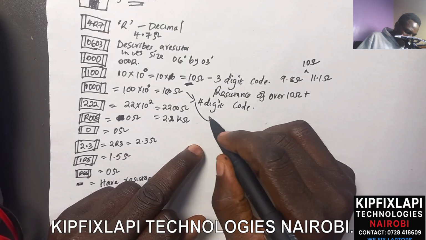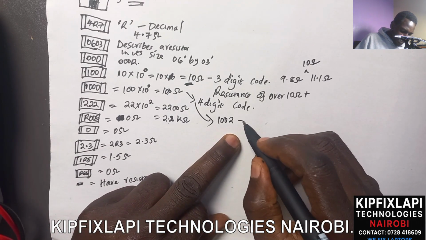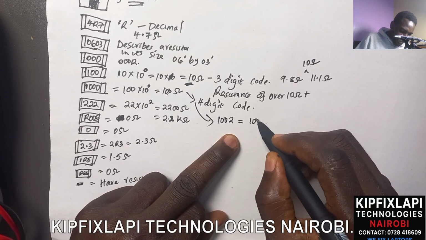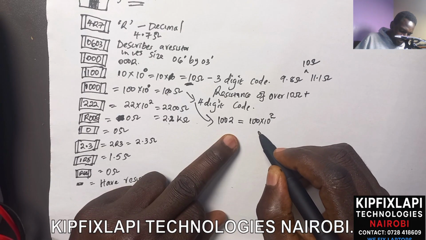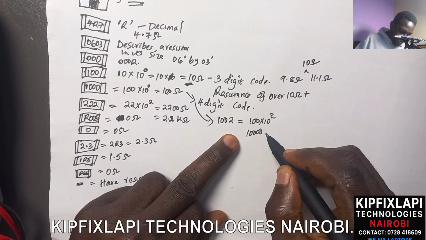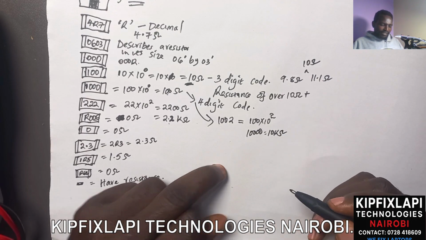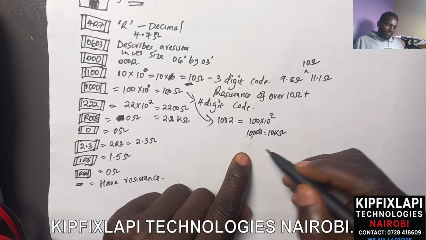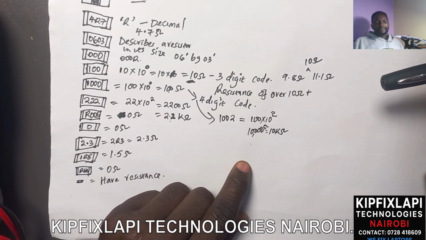If it is 1002, what does this mean? This one is 100 times 10 raised to 2, which is the same as 100 times 100. So this is 10 kilo ohms, or 10,000 ohms. You can just find it that way.